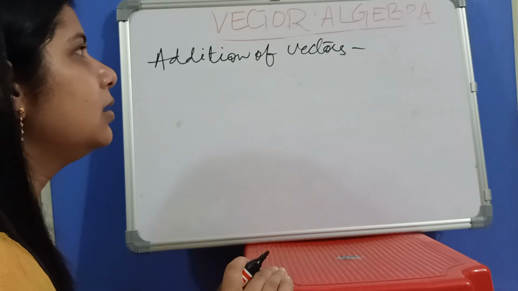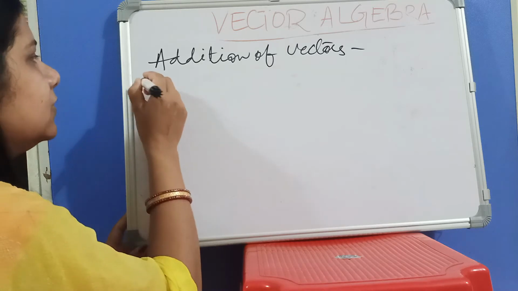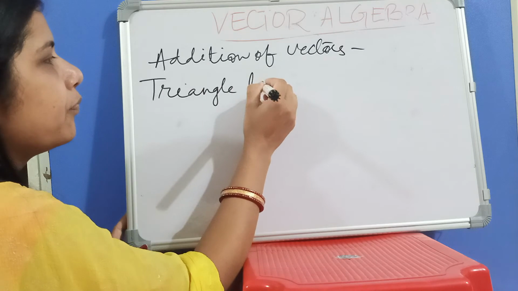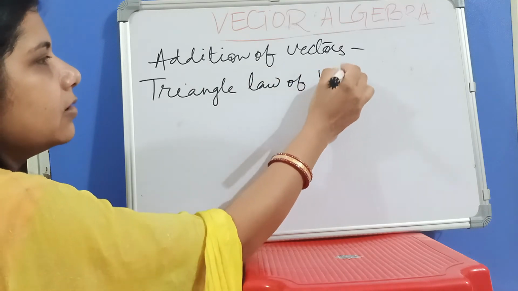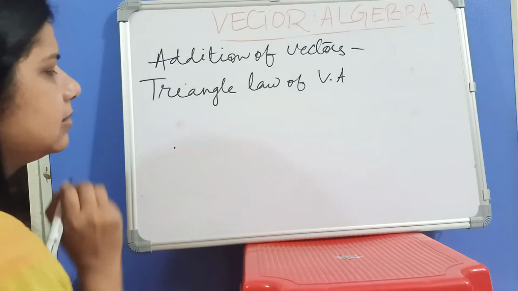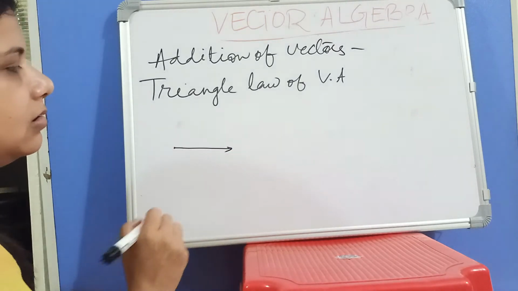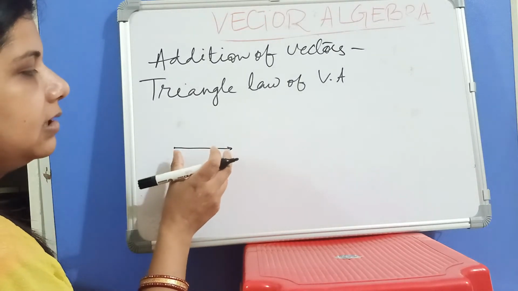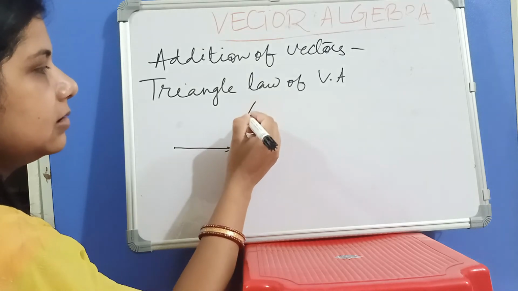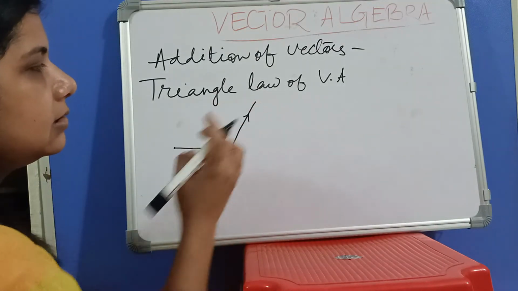So now we will study what is addition of vectors. For that we have two laws. First law is triangle law of vector addition. What it says? It says if a person is walking towards this direction and covered this distance, and then he changed his direction from this to this and walked this distance.